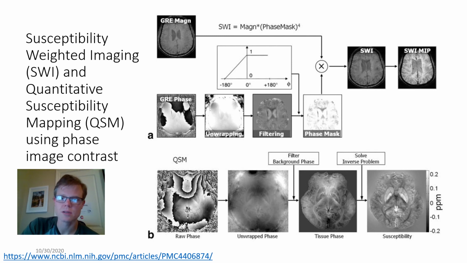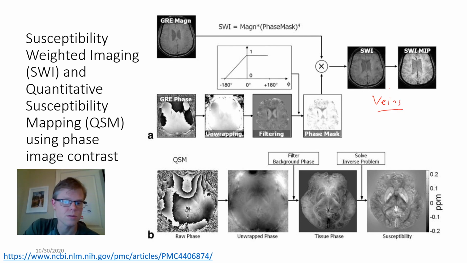So using the different phase images and a bit of processing that's briefly illustrated here, you can go from these to the susceptibility weighted images. This one here, it's a little hard to see, but it's really going to highlight veins.